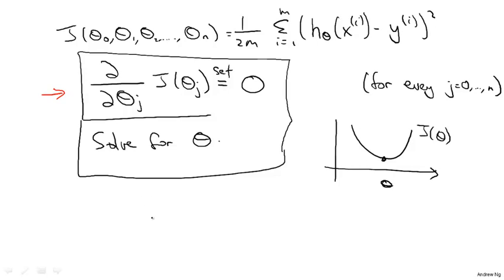What I'm going to do instead is just tell you how to compute the value of theta that you would get from doing this process, and I won't actually go through the derivation in this video. Okay. So how do you compute theta in closed form?